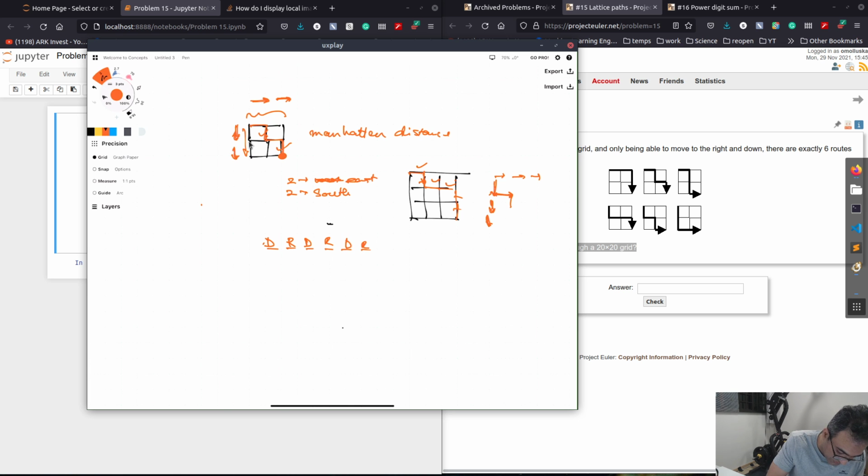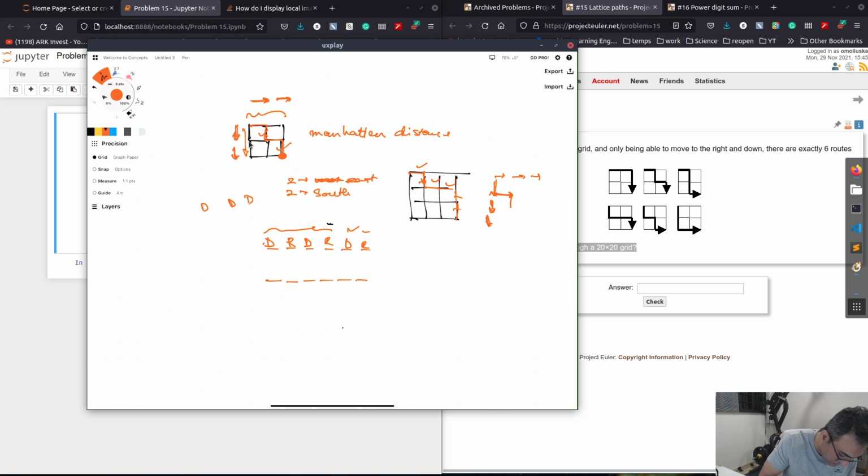So given this, how many ways can you go down? Let's say you have 6 things you have to do, and you only have 3 ways of going down.